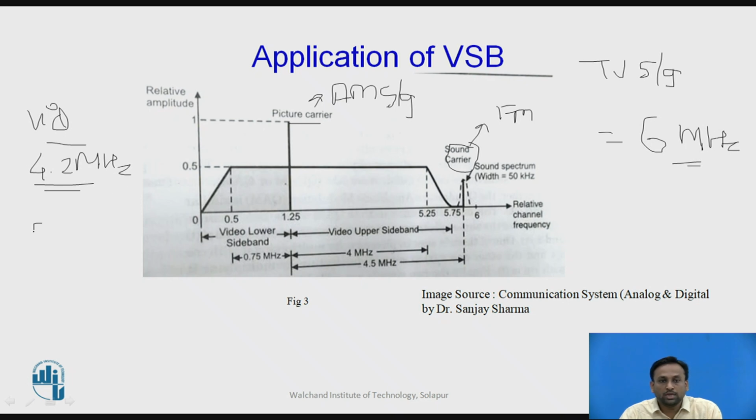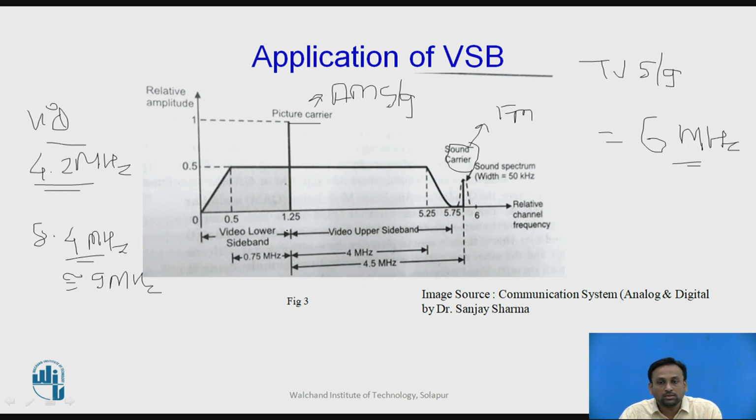So 8.4 megahertz will be required just to transmit the picture signal here. Again there is a sound carrier here, approximately 9 megahertz, but the bandwidth available to transmit an AM signal is 6 megahertz only.